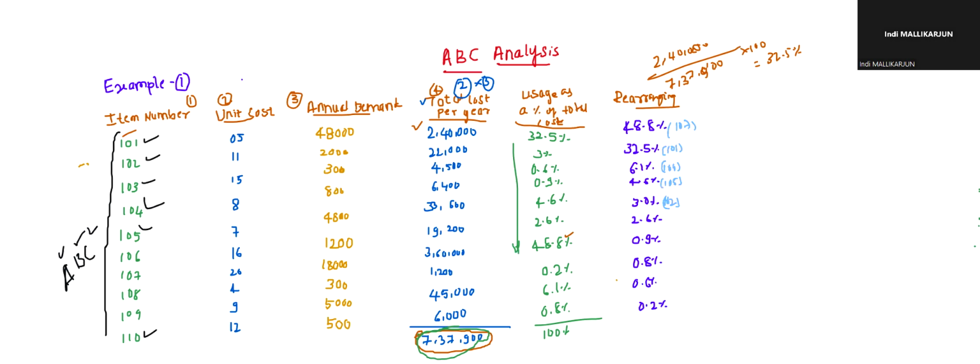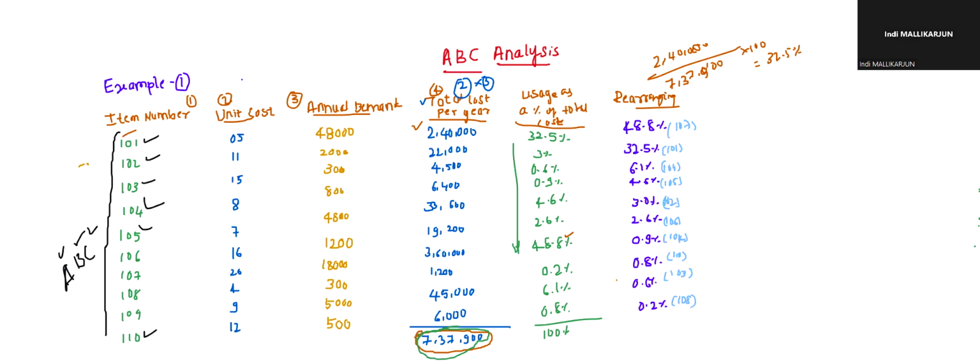For 2.6%, 106. 0.9%, 104. 0.8%, 110. 0.6%, 103. 0.2% means 108. So we rearranged the items based on the contribution, right?